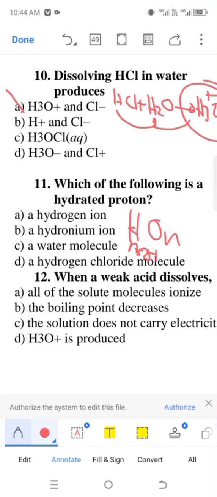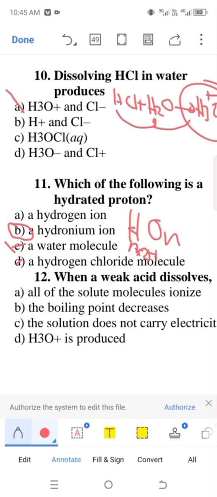Hydronium ion, yes. The hydronium ion can be a hydrated proton. A water molecule, no. A hydrogen chloride molecule, no. So B is the correct answer. But we do not have only hydronium as a hydrated proton. We have more than one structure of the hydrated proton.